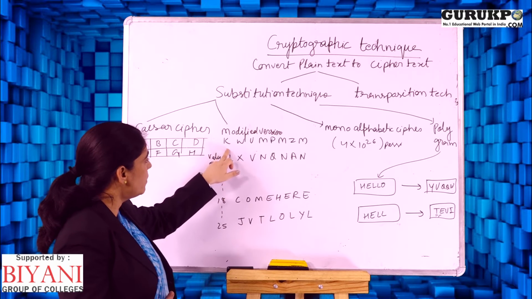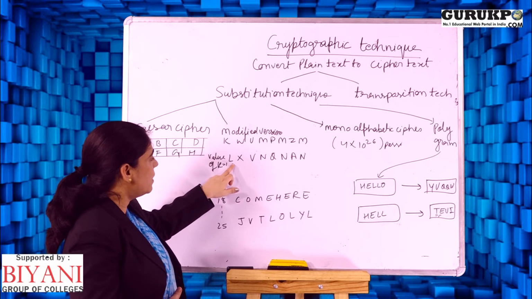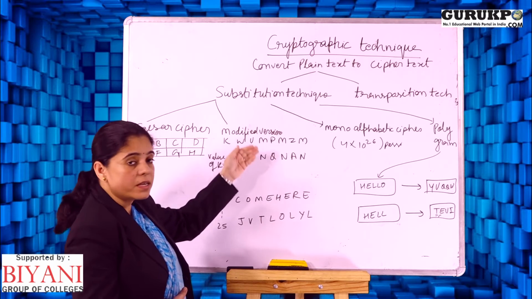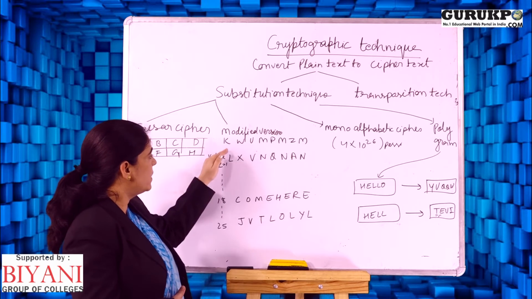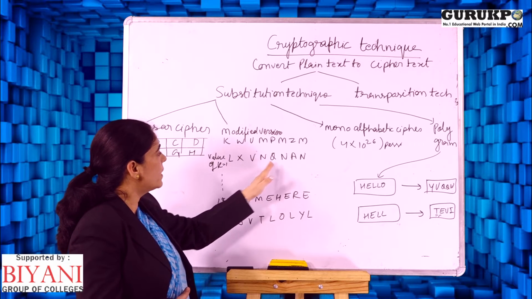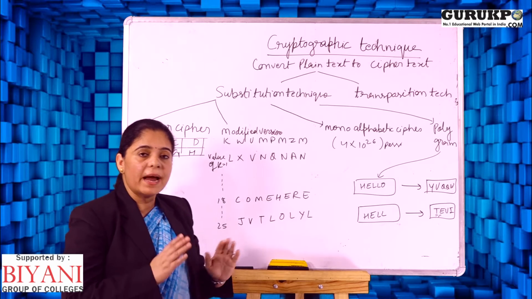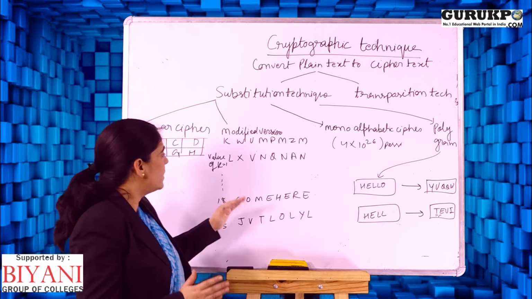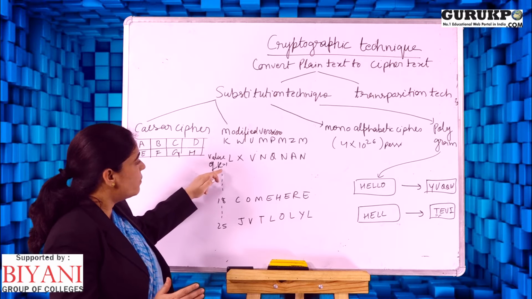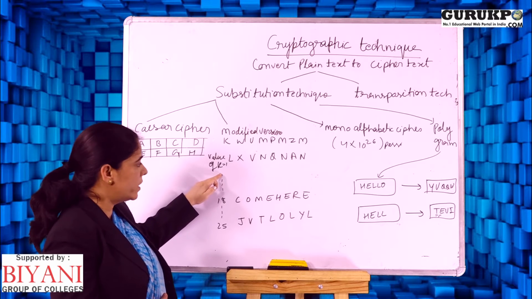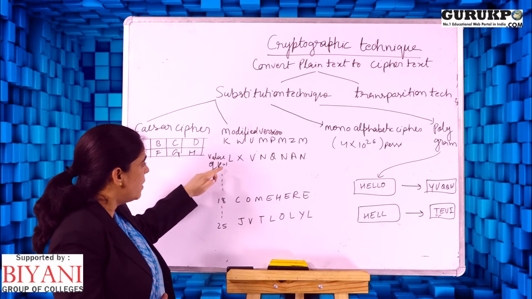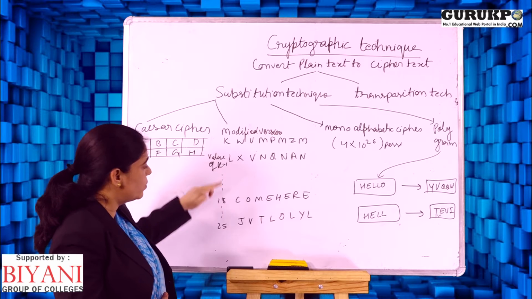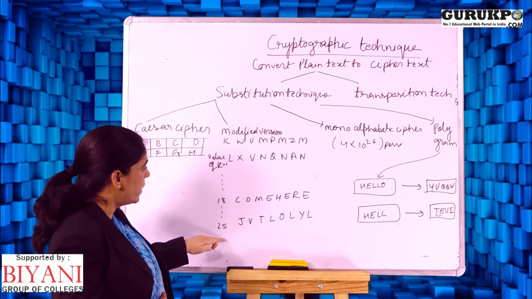Suppose we replace K with L, W with X, U with V, M with N, that is, just the next alphabet. Once the replacement policy is decided, we increase the value of K. K is a counter here, so a loop runs from 1 to 25.